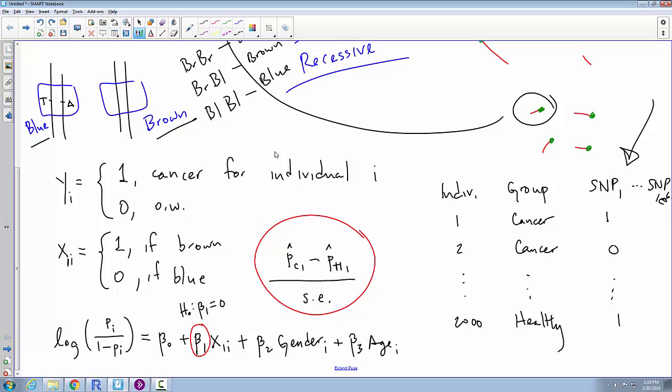So a natural thing to do would be, instead of logistic regression, let's just do linear regression. If you have a quantitative response, you're going to do this again, but it's not logistic regression anymore. It's linear regression.